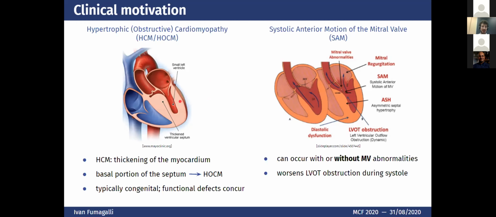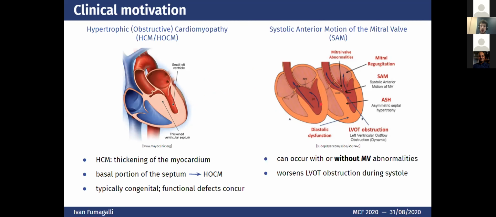In a very severe case of this obstruction, we can also have the systolic anterior motion of the mitral valve. That means that the mitral valve, and in particular the anterior leaflet, is sucked towards the septum, so it's misplaced pathologically, and so it worsens even more the obstruction that we have at the outflow tract of the ventricle.